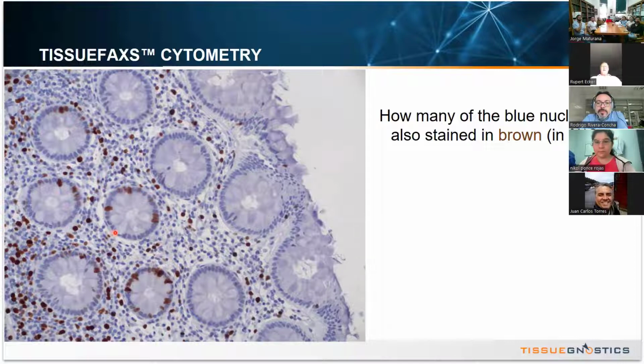We made a survey among more than 200 scientists and asked them to estimate how many cells are positive here. So how many blue nuclei show a brown staining pattern in percent. And believe it or not, the estimations that we received from experts ranged from 1 to 40%, which I think is a major difference.